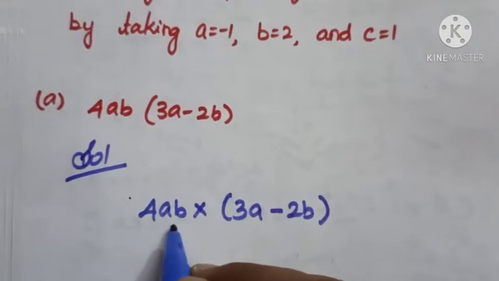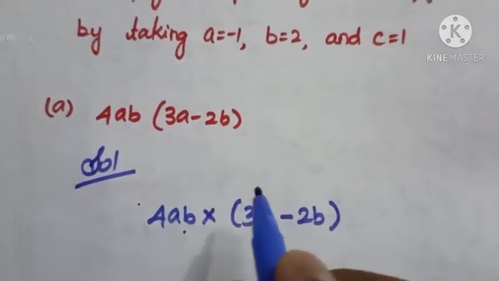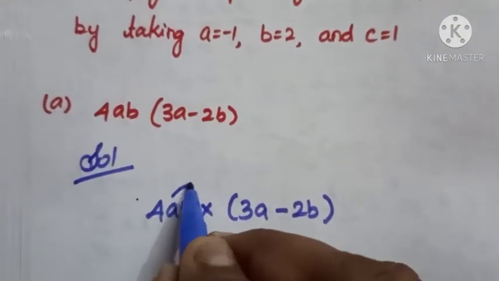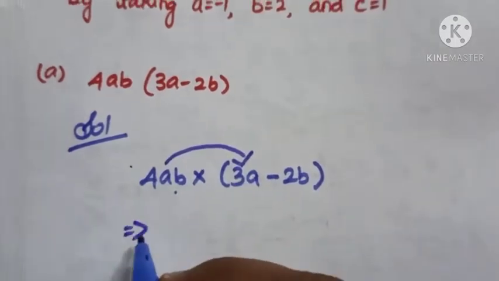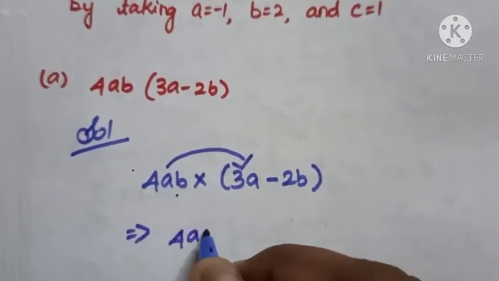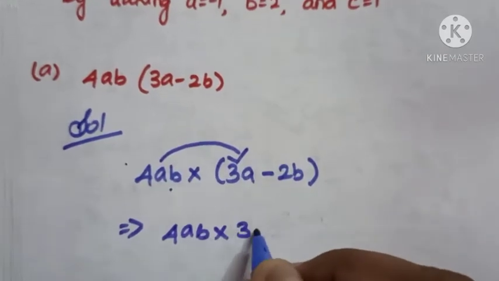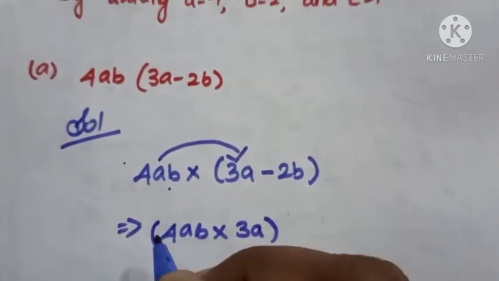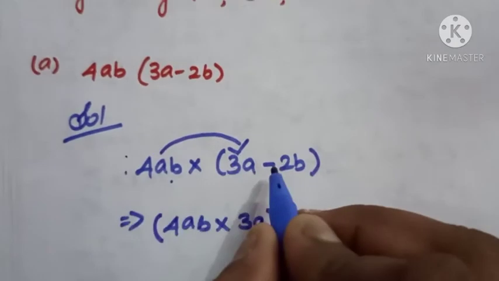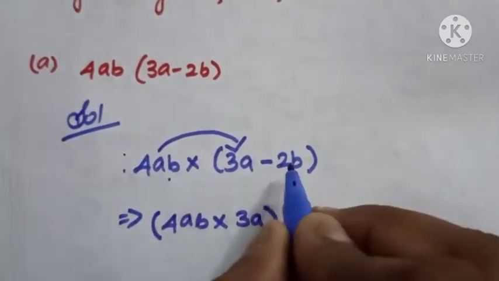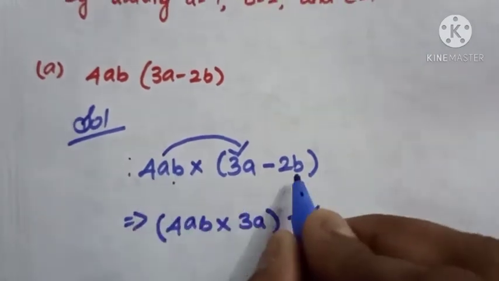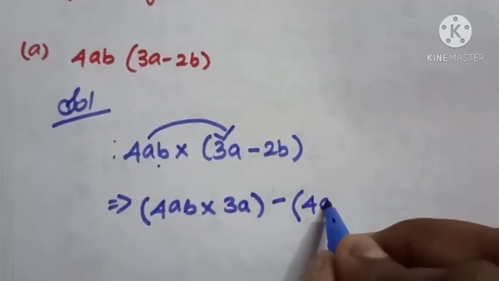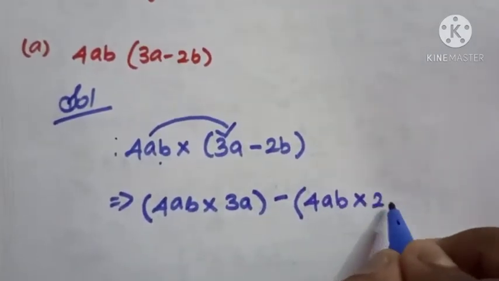First we take this monomial 4AB and multiply with 3A. Next, this is plus and minus, so plus into minus gives minus. Again 4AB is multiplied with 2B.